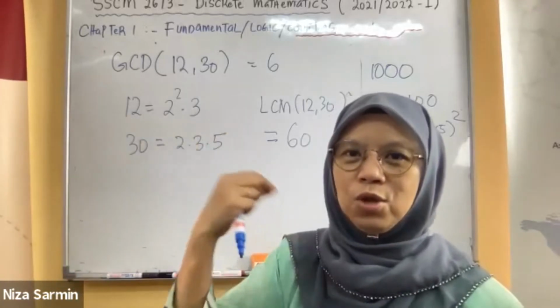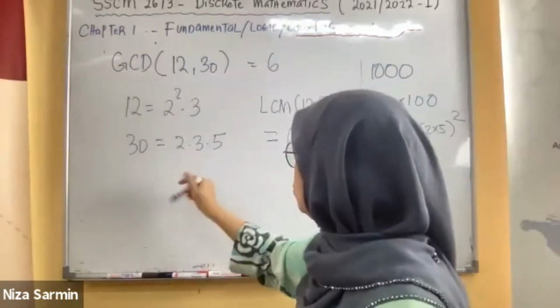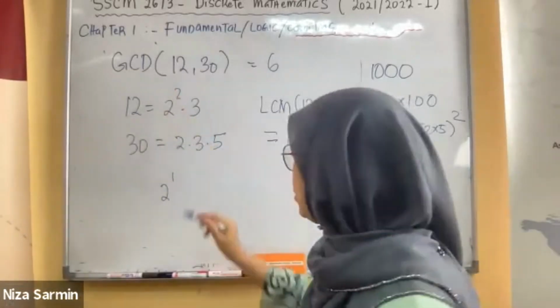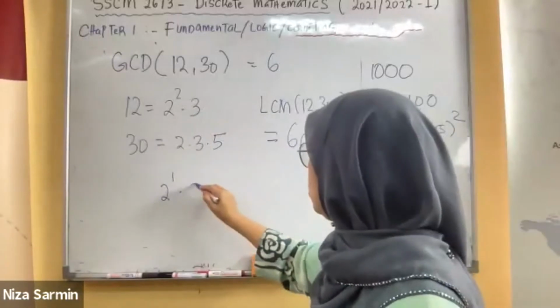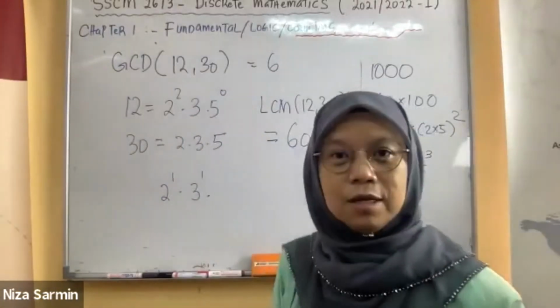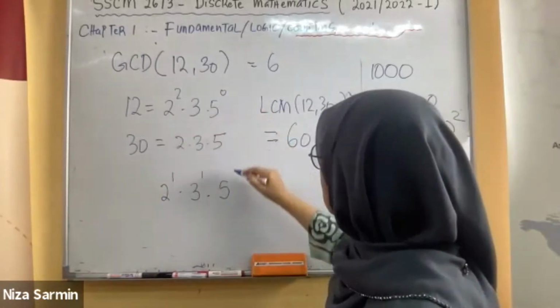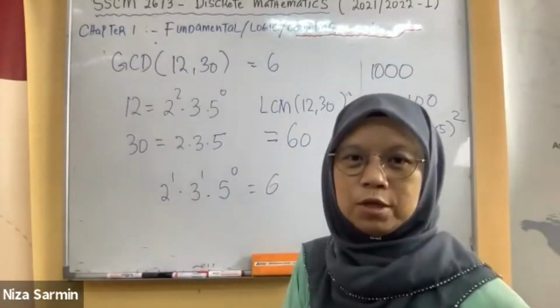Each prime to the lower power. So 2 to the 1 and 2, you compare. 3, both 1, so you take the lower one, which is 1. There is a 5 here, but to the 0. So 5 to the 0. So this is 6. That's the GCD.